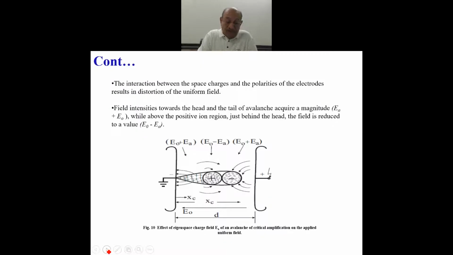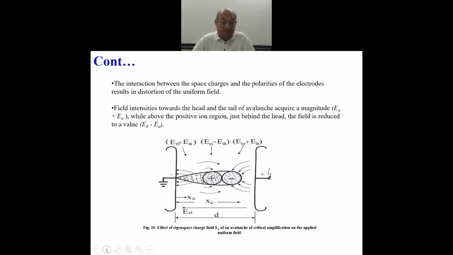So here the interaction between the two fields is analyzed: E naught, the applied electric field between the two electrodes, and EA, the electric field developed by the avalanche itself.